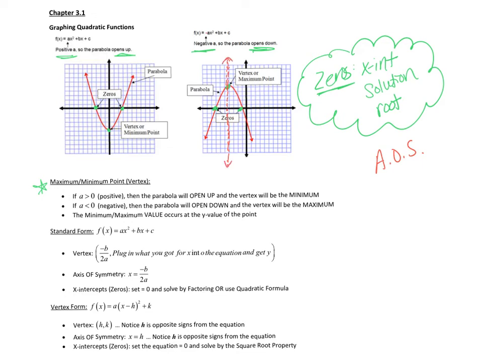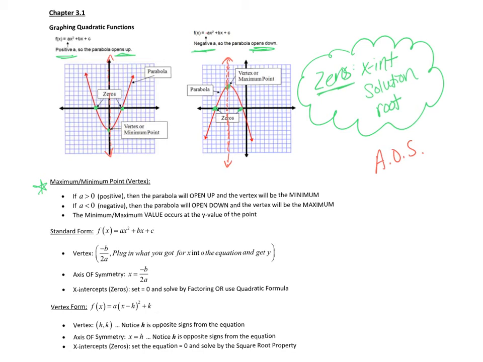It's the line over which the graph is going to reflect, from left to right or right to left. Sometimes it might be the y-axis, as we see here. Sometimes it might be any line that's going through that vertex. Now, I say any line, but it has to be a vertical line.